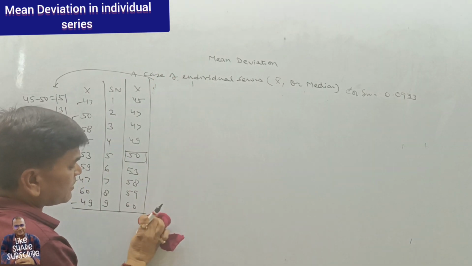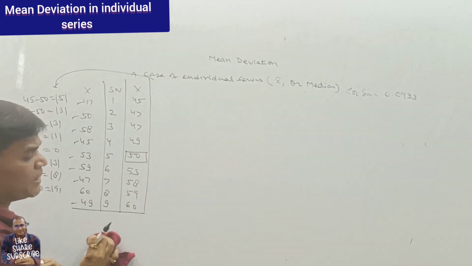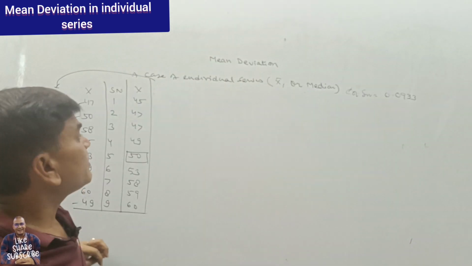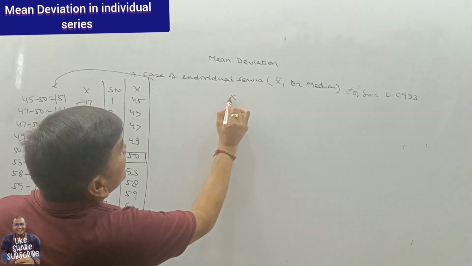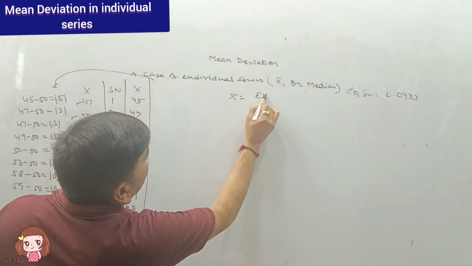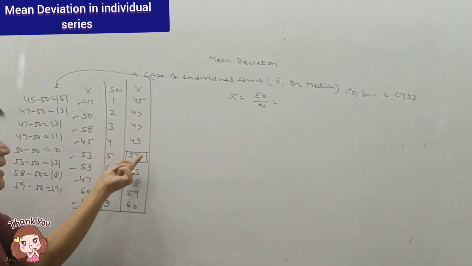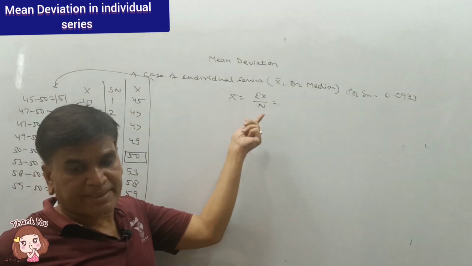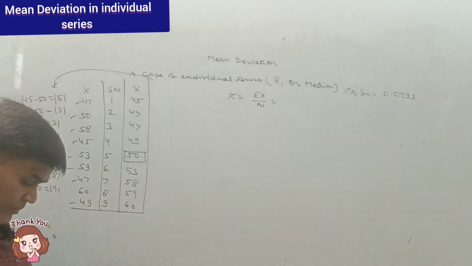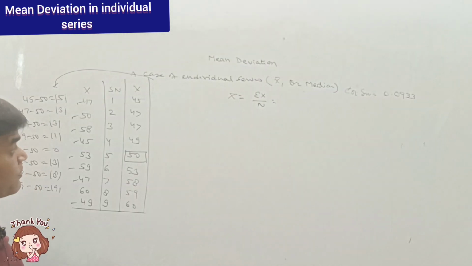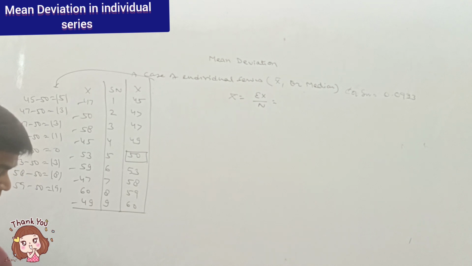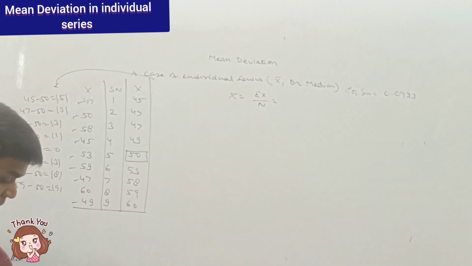So first we have to calculate the arithmetic mean. The arithmetic mean is equal to sigma x divided by n. First we will add all the items to get sigma x. So we are adding 45 plus 47 plus 47 plus 49 plus 50 plus 53 plus 58 plus 59 plus 60.